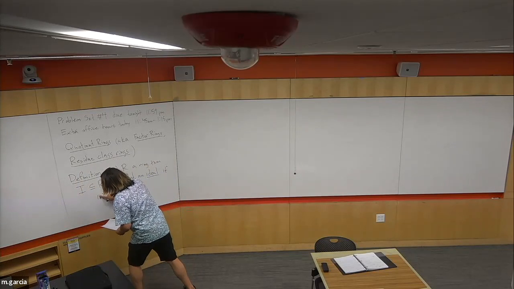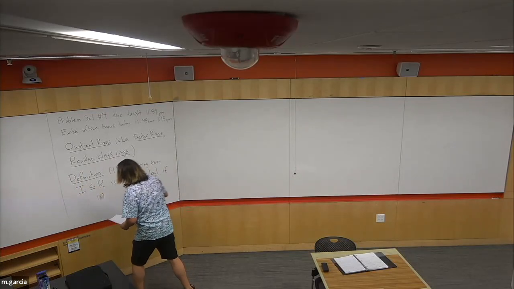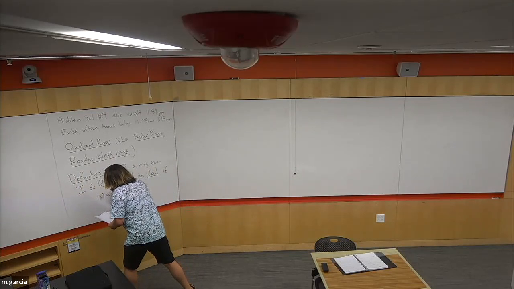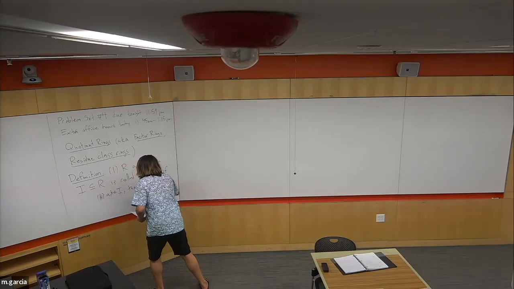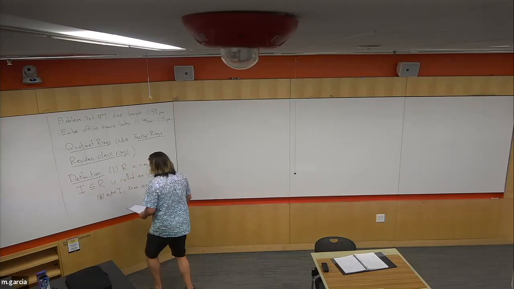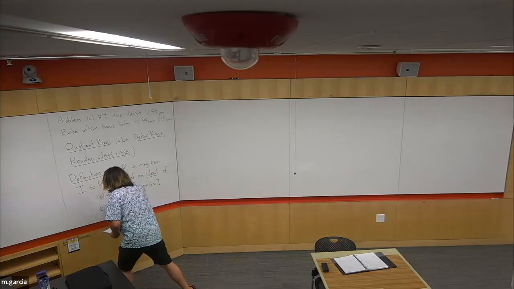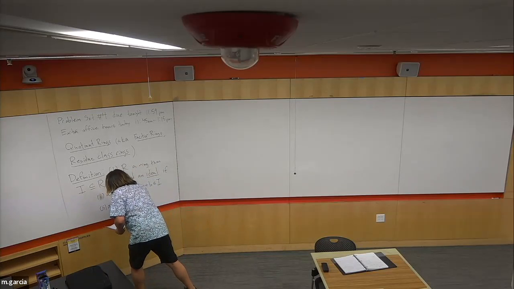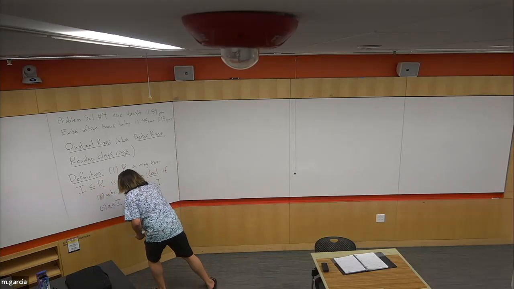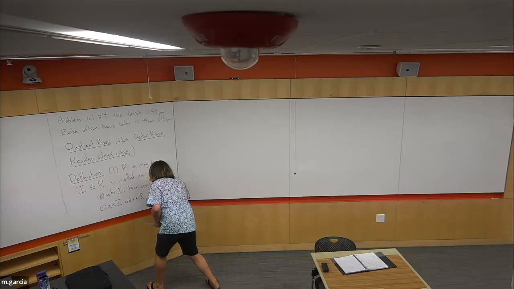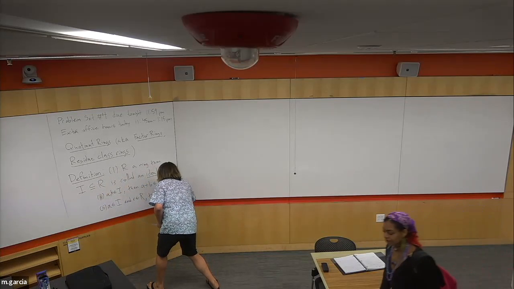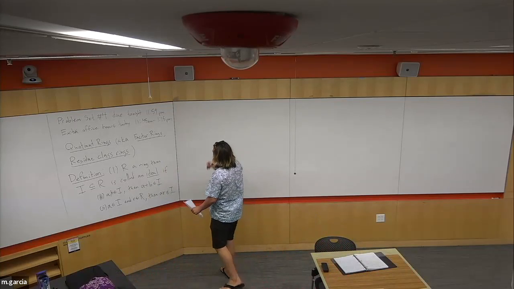Well, let me use Roman numerals here, actually. Roman numeral 1, if we take a and b in I, then a plus b is also in I. Secondly, if we take a in I and r, little r, in the ring R, then ar, their product, is in I. Okay.